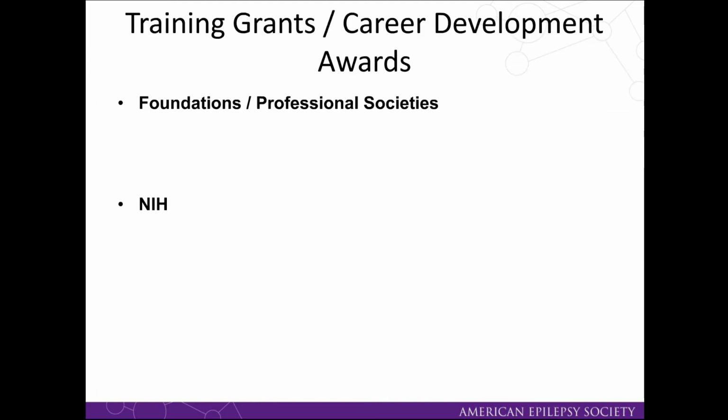Training grants. The NIH and private funders recognize that in order to have ongoing, lasting, high-quality research in epilepsy, you have to teach people how to do it. And so many of these organizations have grants specifically for trainees.